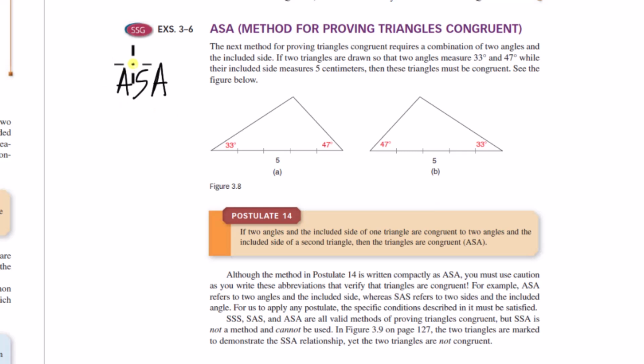But then we need to show that the side included between those two angles is of equal measure. Then we've proven that the two triangles are congruent. Angle, side, angle and side, angle, angle are two different scenarios. So that's the angle, side, angle congruence postulate.